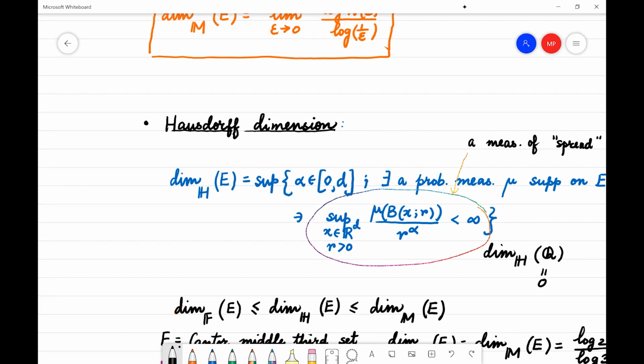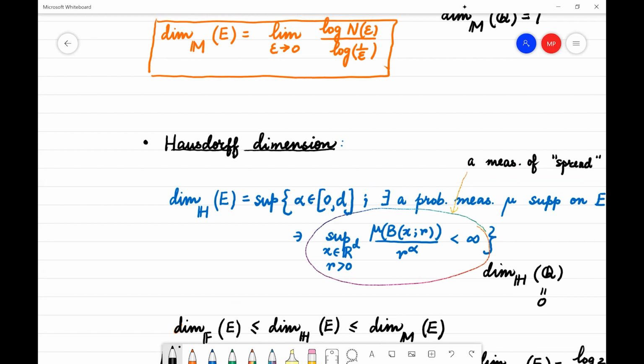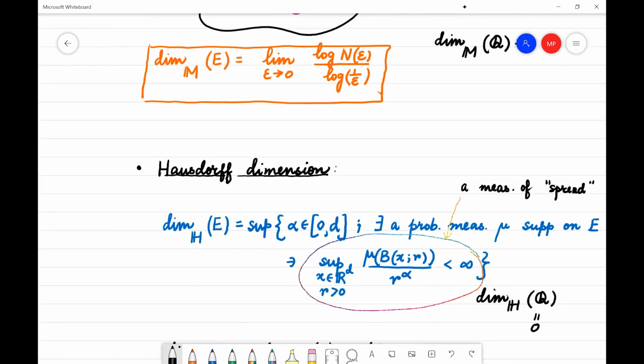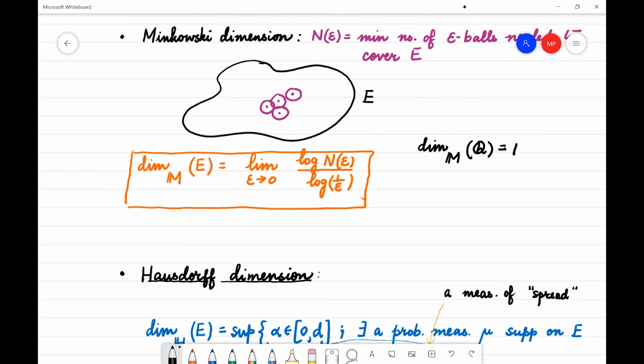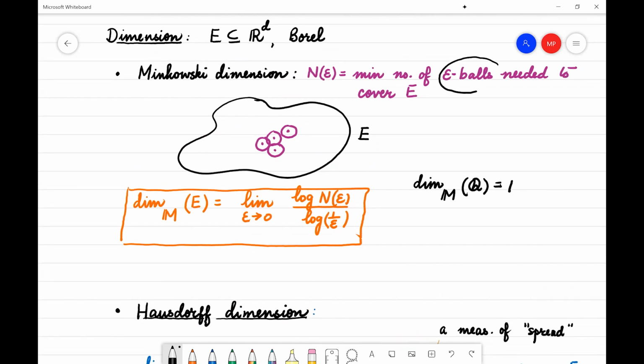The other definition of Hausdorff dimension that I haven't written down also involves coverings, which makes it comparable with the notion of Minkowski dimension. However, this is the important fact. When you define Minkowski dimension, you always fix an epsilon, and the coverings are always going to be using the same balls which have diameter comparable to epsilon. So you are always looking at coverings by sets of the same scale.